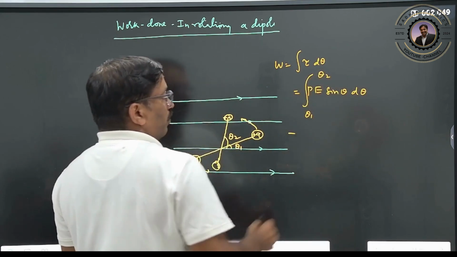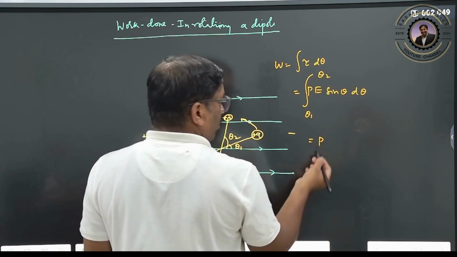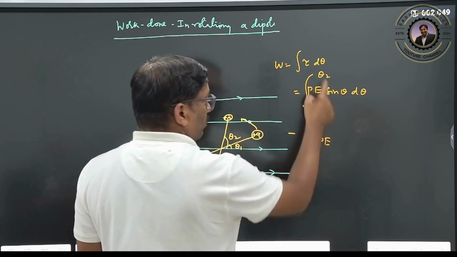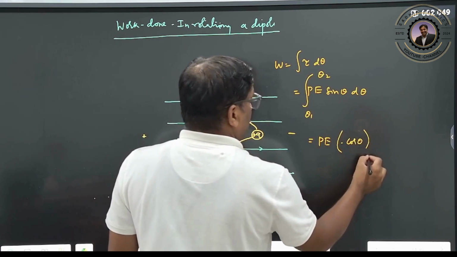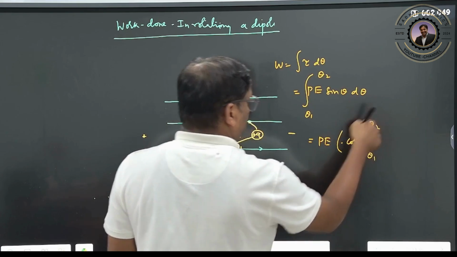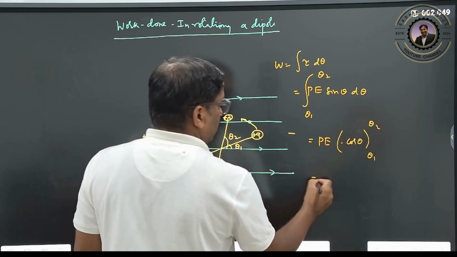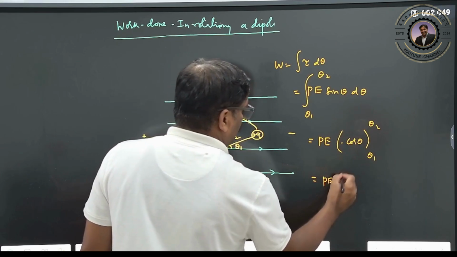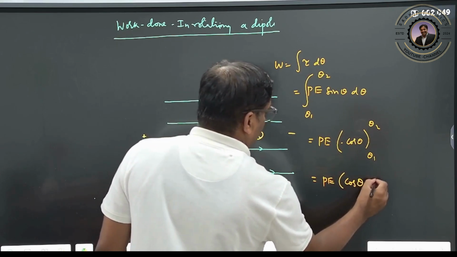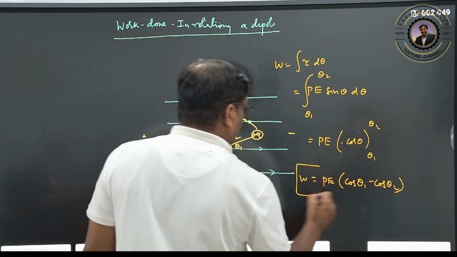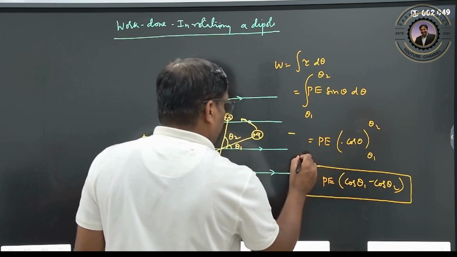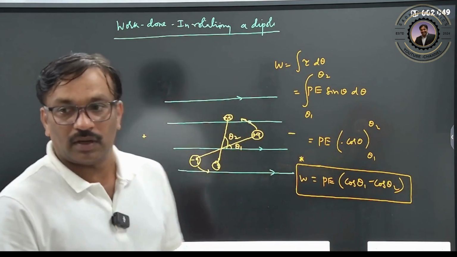PE is constant, since the dipole moment is constant and the electric field is uniform. The integral of sin theta is minus cos theta, from theta 1 to theta 2. So we get PE into cos theta 1 minus cos theta 2. This is the amount of work done in rotating a dipole from one angle to another angle.